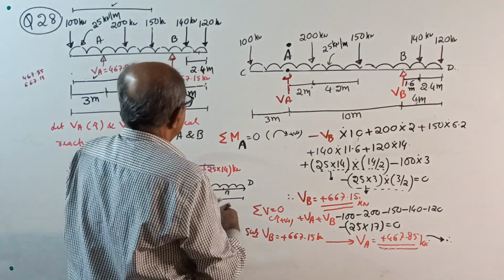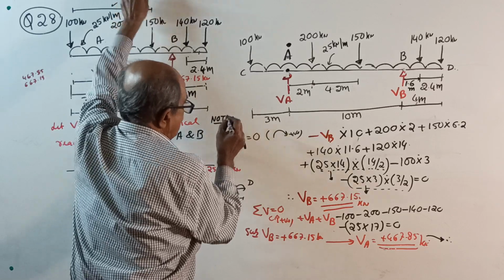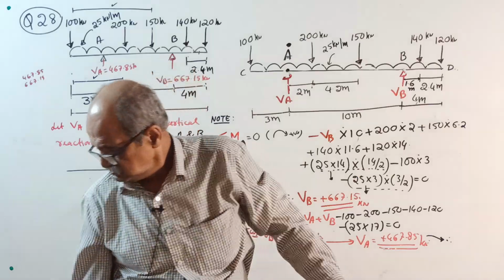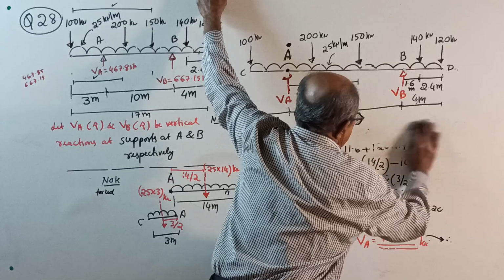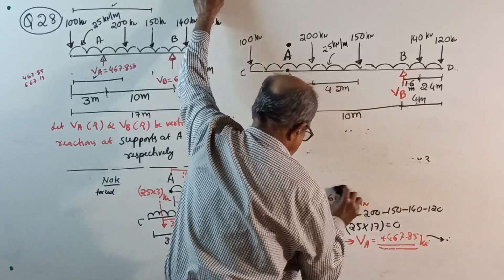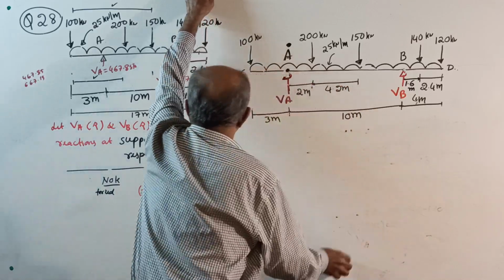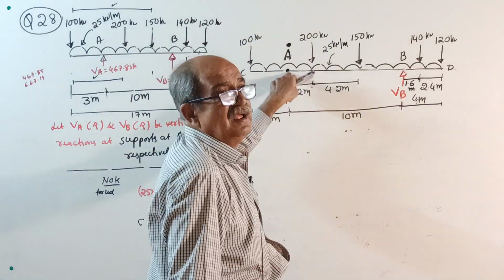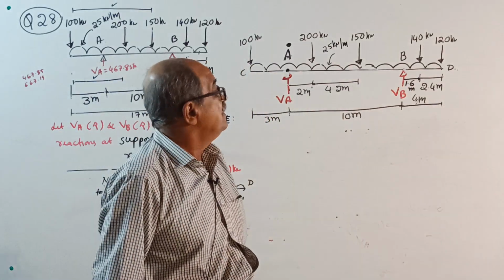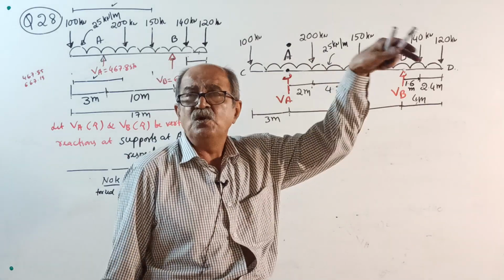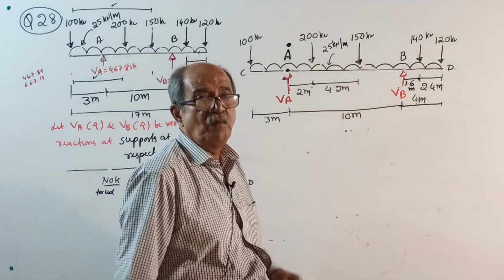Now make a note here. Write a note. I'm rubbing everything. We considered moment about A and then sigma V equal to 0. Sometimes there will be advantage if you take moment about B. For some reason, you want only VA, objective question.